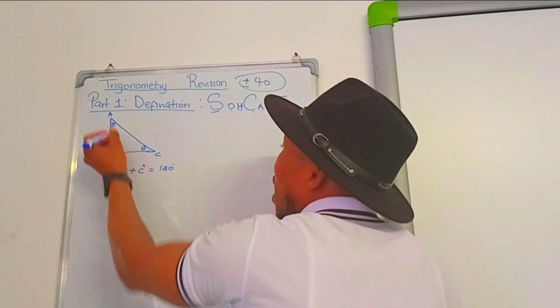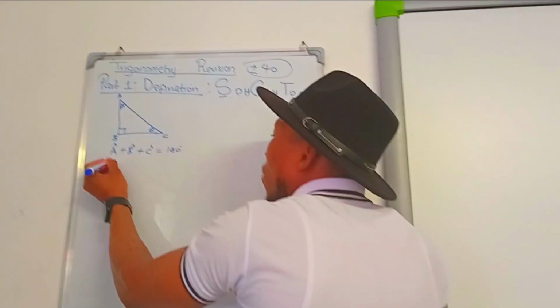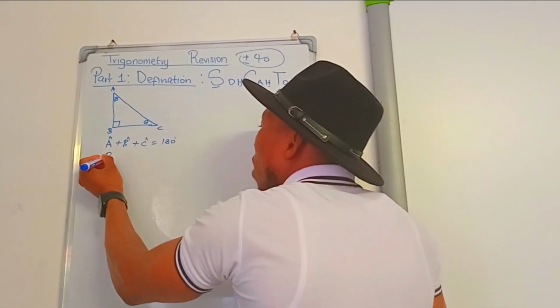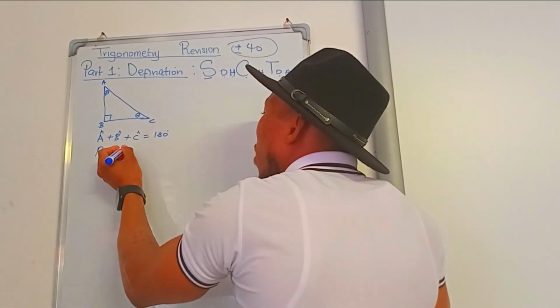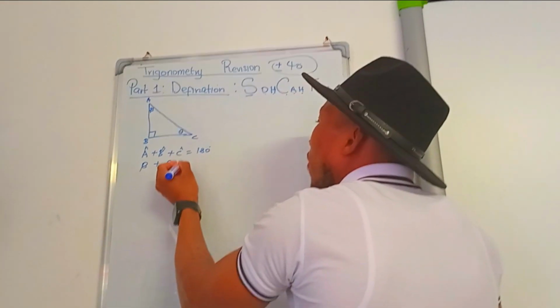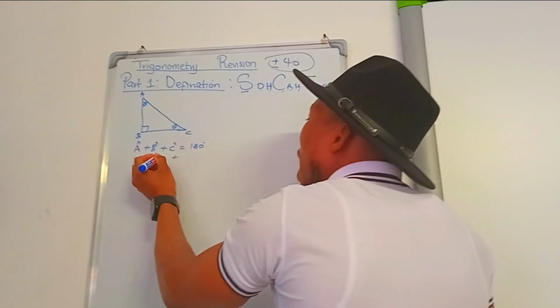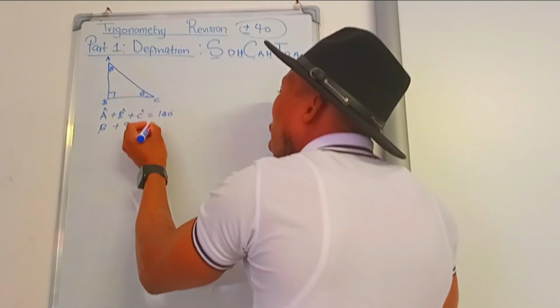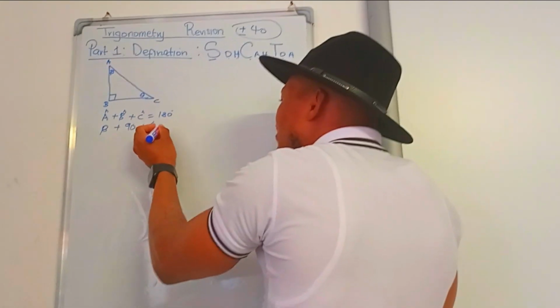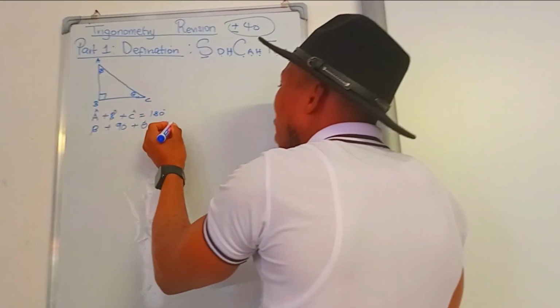But as you see here, we have angle A, which is beta, and we also have theta, which is angle C, and the 90 degrees angle B, which gives 180 degrees.